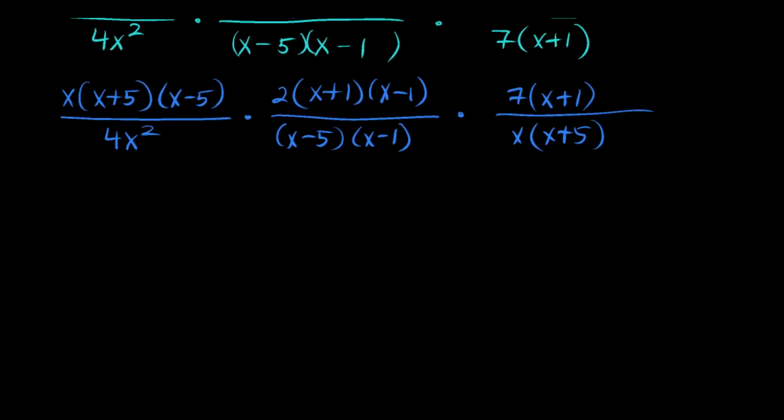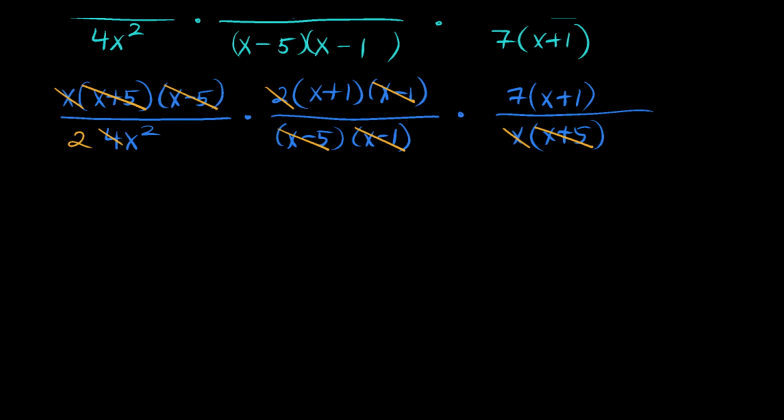Alright, so now let's cancel. We have an x here and an x here. We have an x minus 5 and an x minus 5. X minus 1 over x minus 1. X plus 5, x plus 5. We have a 2 and a 4. That gives us a 2 here. And that's it.